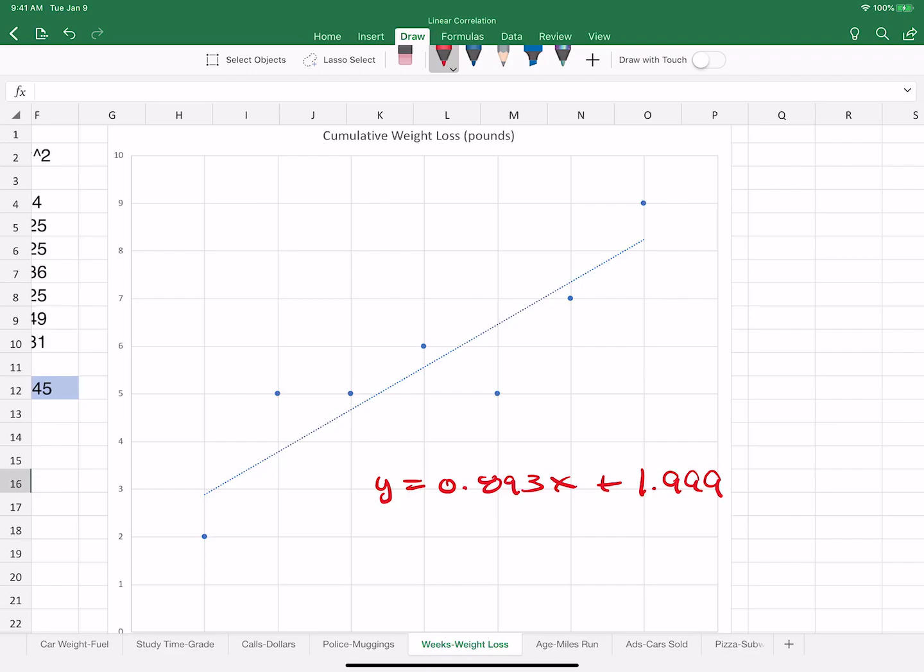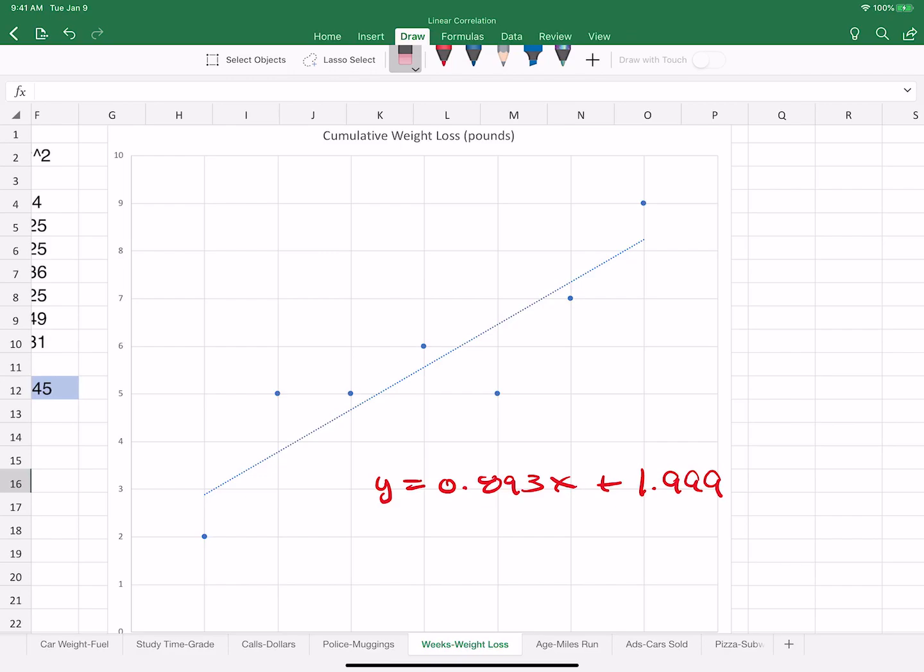Here's the regression line. Notice it has a positive slope. Okay, that looks like a strong, that might be pretty strong here, linear correlation. It's not perfect, but it's pretty good. It's a pretty good linear correlation. Positive slope, so it's a positive linear correlation, right?